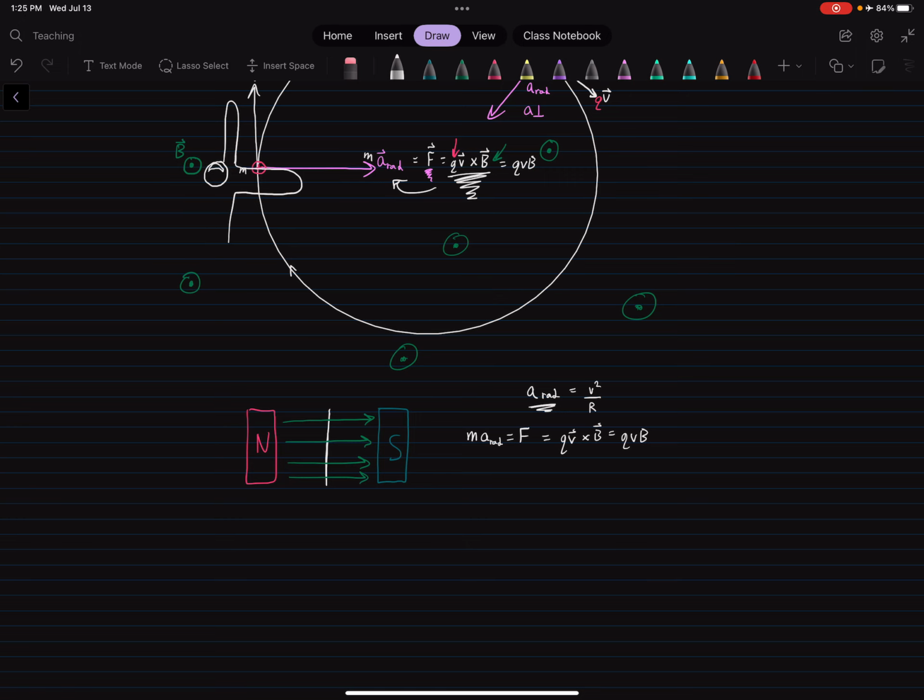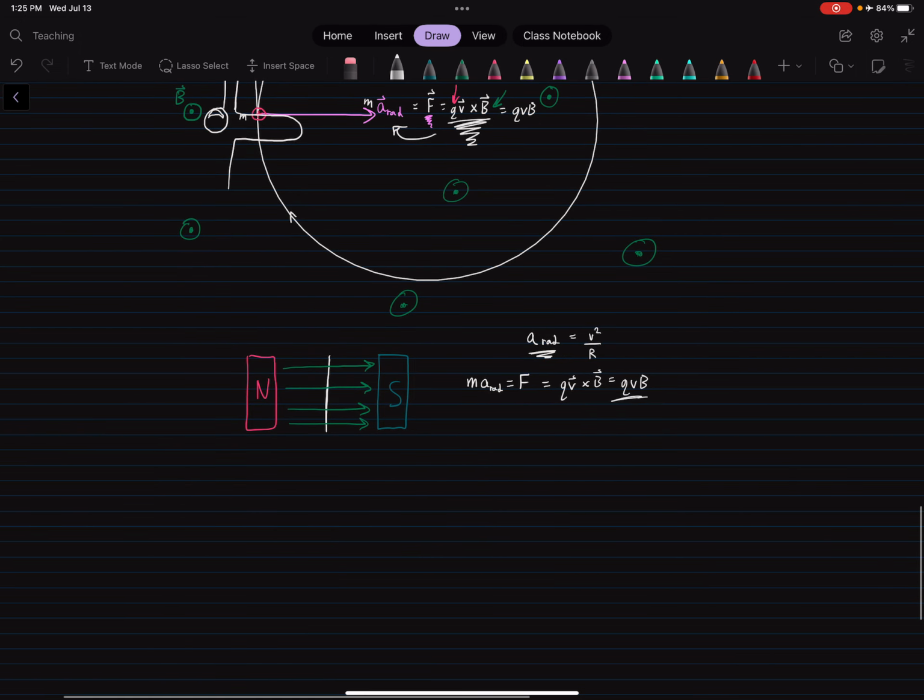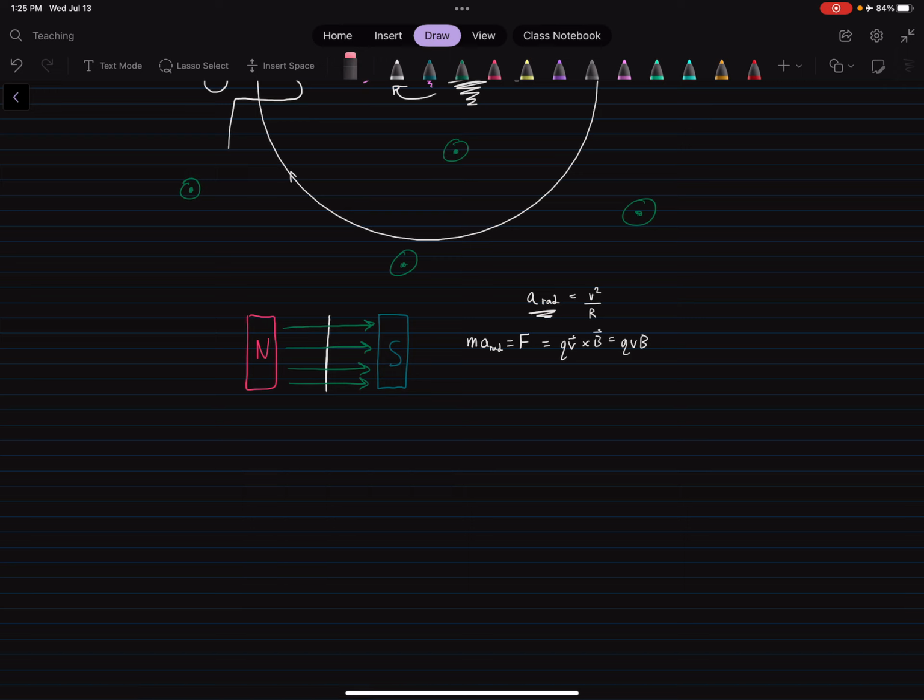It's just the same force. So this is what's causing the force, and this is what it causes the particle to do because of Newton's second law. So we can equate those two. And since now we have an expression for a_rad, I'm going to plug it in. So we have on the left side m v squared over r, ma, being equal to, and I'm going to skip all of this junk in the middle and go right to qvB.